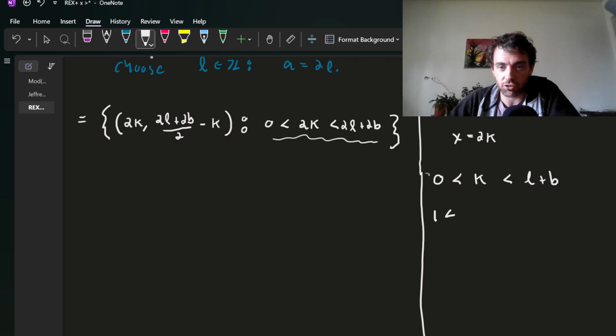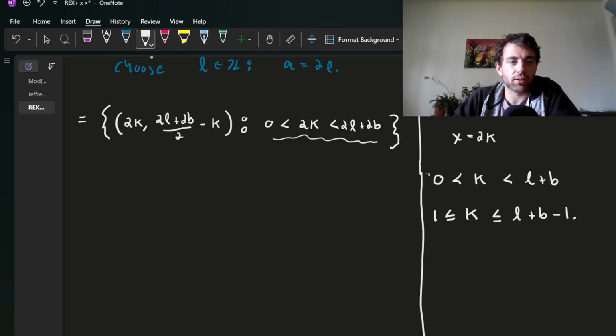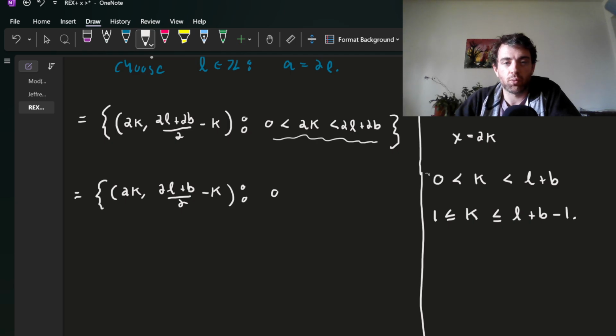So the smallest it can actually be is 1, and it's definitely going to be allowed to be 1. And the largest it can be is L plus B minus 1, right? So finally, we get that this will be equal to 2k, 2L plus 2B over 2 minus k, such that k is between 1 and L plus B minus 1.